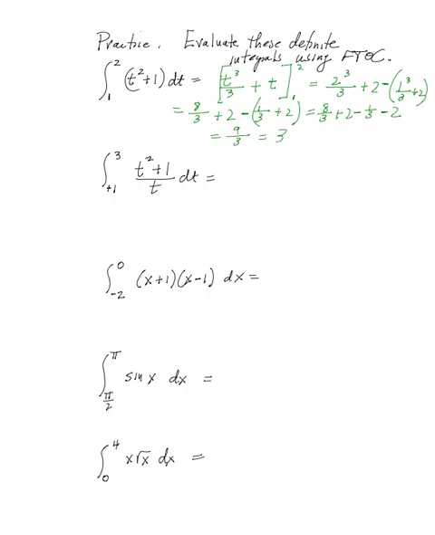What does that tell me? That tells me, if I look at the graph of t squared plus 1 on the interval from 1 to 2, this area is 3 square units.